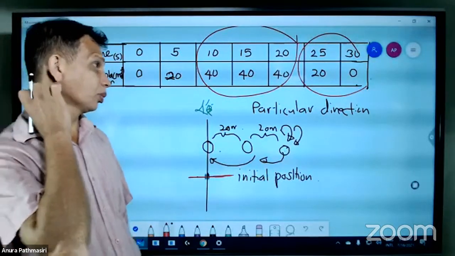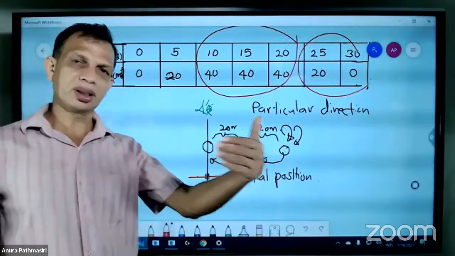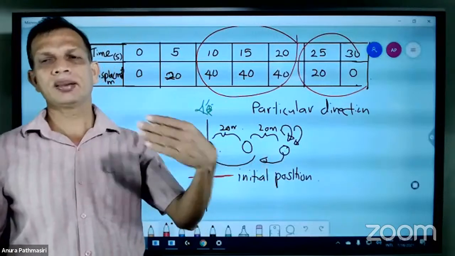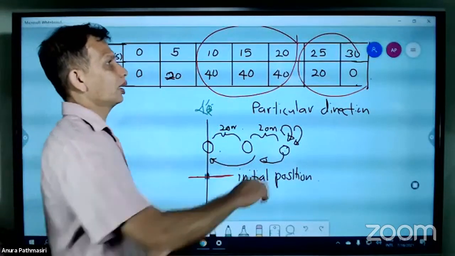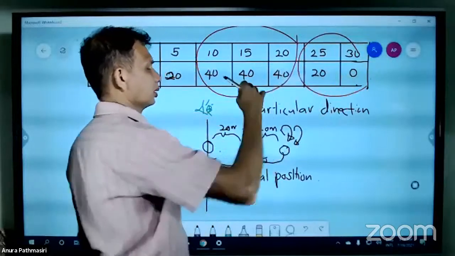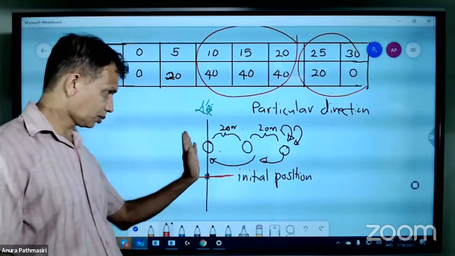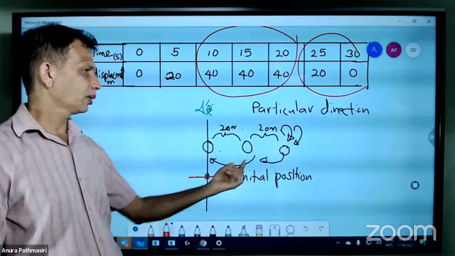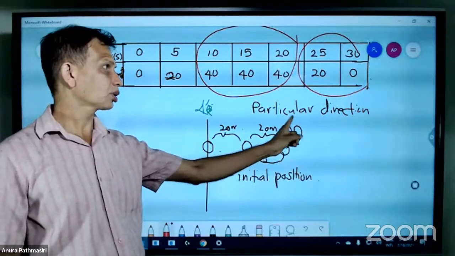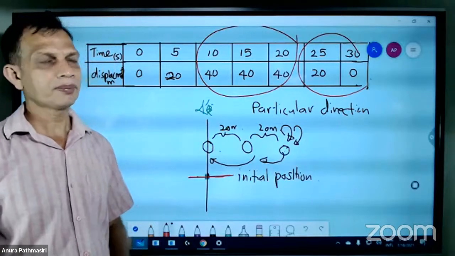No, the object has turned around and come to the initial position, as you can see here. It moved forward, turned around, and came back. But here, actually, it is stopped there. Okay.